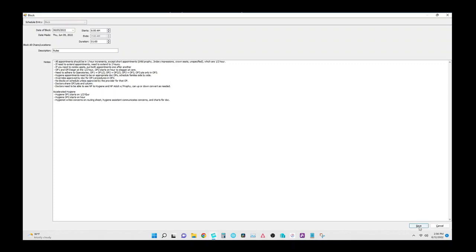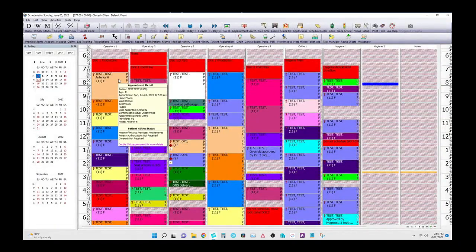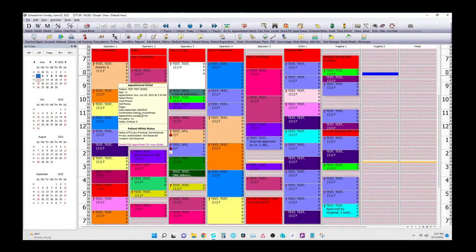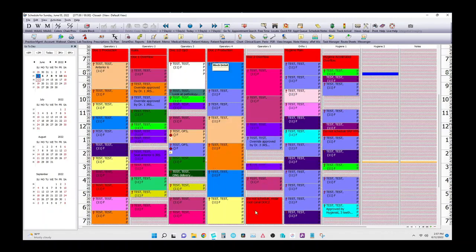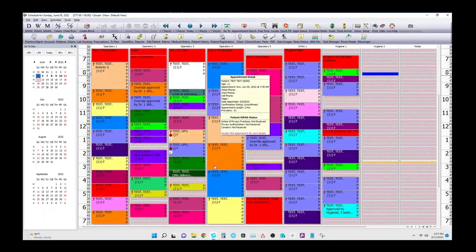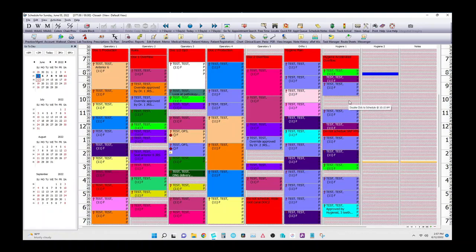So let's just take a look at how some of these rules have been implemented in our schedule here, okay? So this becomes kind of the normal two-doctor, and you can pretend if this was just one doctor, it would just be OPs 1, 2, and 3. And here's a sample accelerated hygiene schedule, okay? So let's go through some of these appointments and just kind of talk about them, okay?